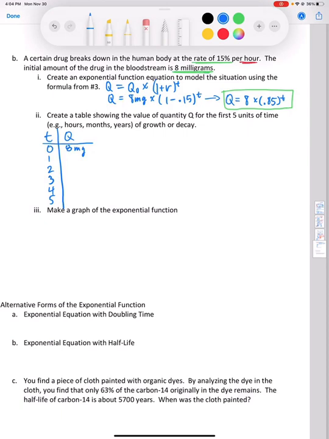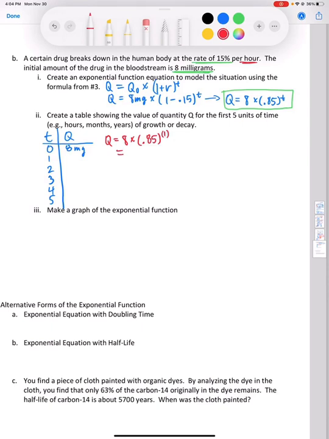Now what we're going to do is calculate the next quantity. So at time 1, q is equal to 8 times 0.85 to the first power, because after 1 hour, this is how much is going to be in the bloodstream.